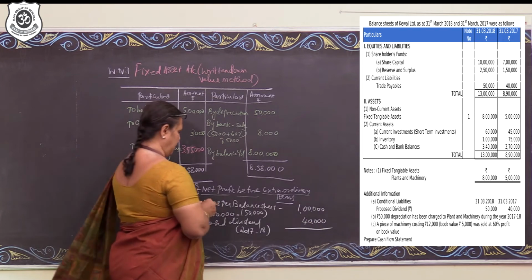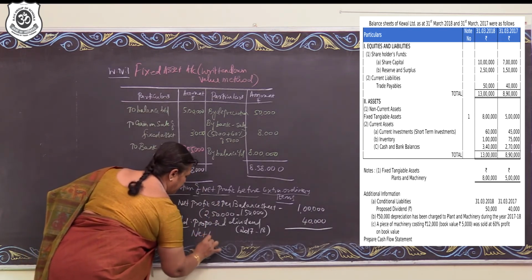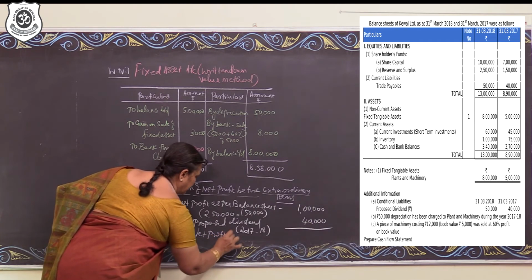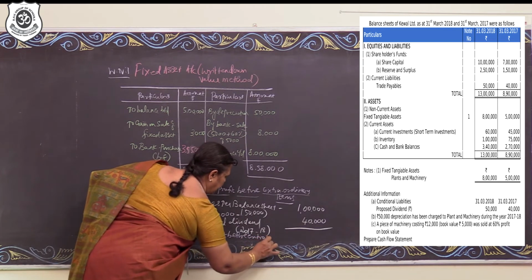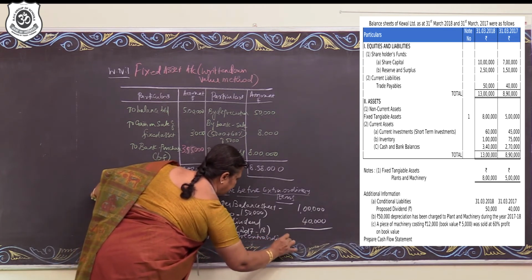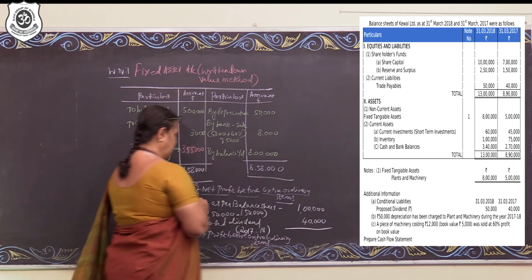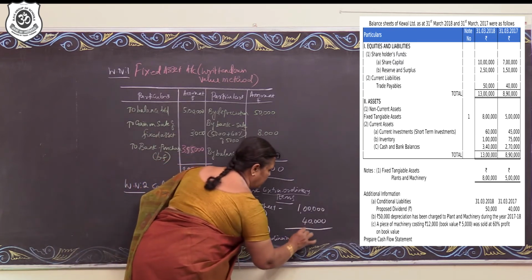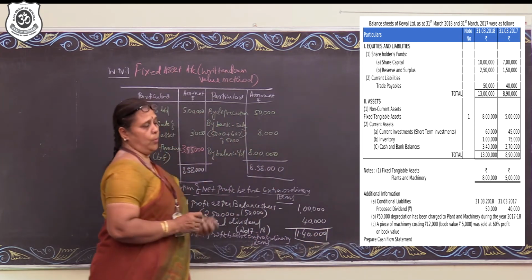So, we got now net profit before extraordinary items to be equal to 1,40,000. We got one working note now.